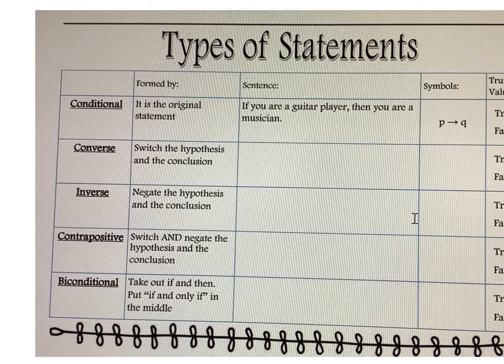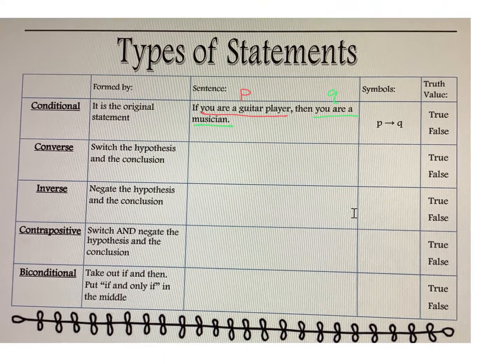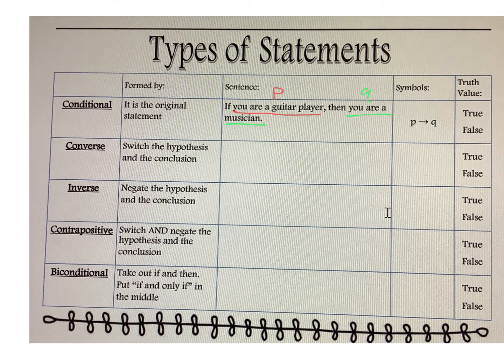Here is your P, and here is your Q. So if you look at it, your symbol is if P, then Q. If you are a guitar player, then you are a musician. When I think about that, if you are a guitar player, you are a musician. So your answer is true.